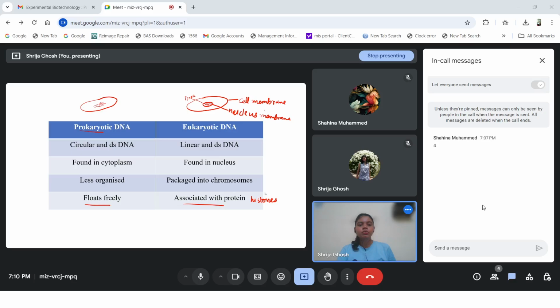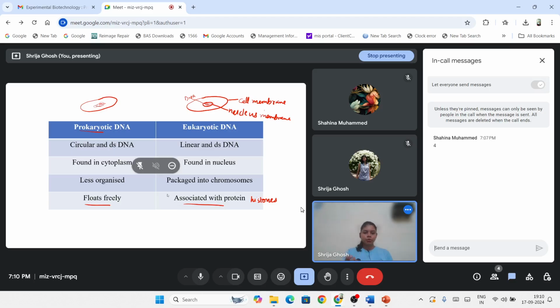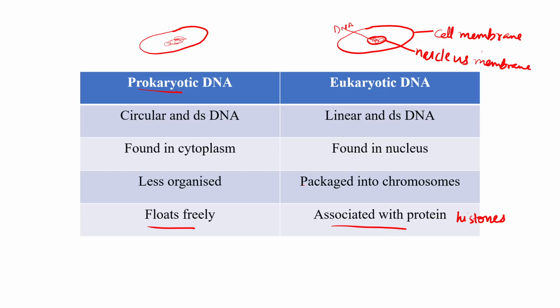And when you study the different processes, how genes are translated in the cells and how the different proteins are produced inside the eukaryotic cell, you will understand why these proteins associated with the DNA are important. Then we have the DNA packaged into chromosomes. These chromosomes are further associated with these histone proteins.